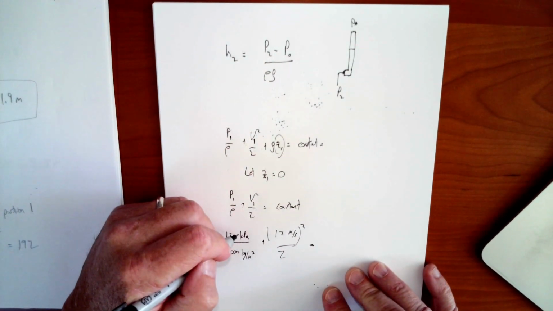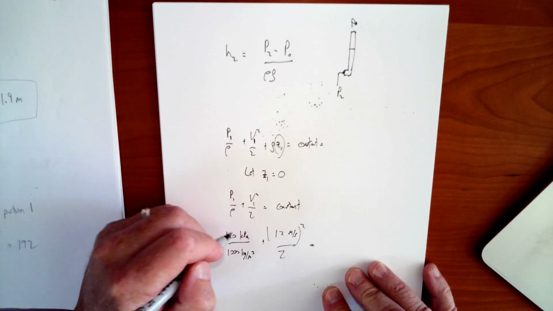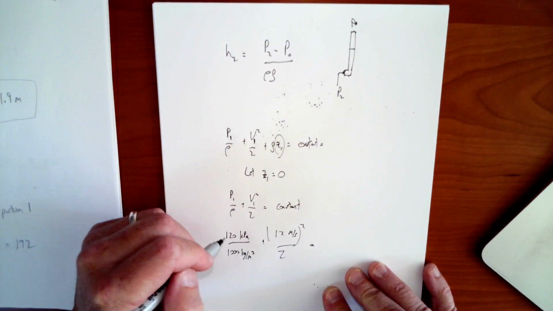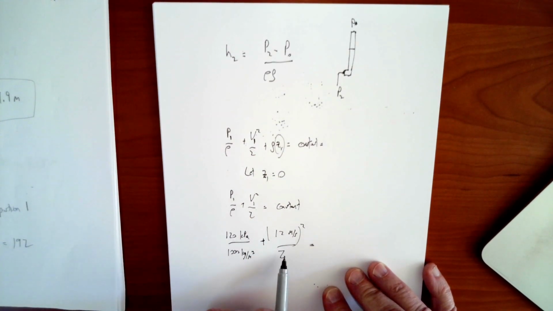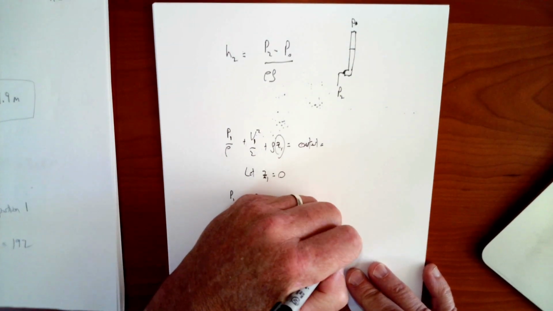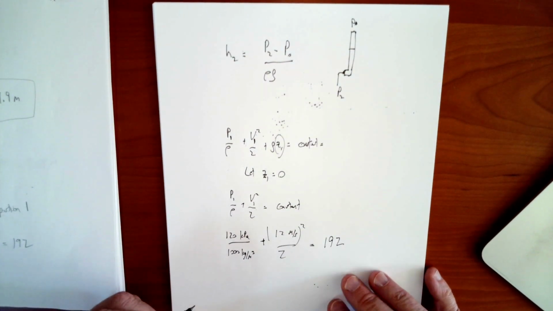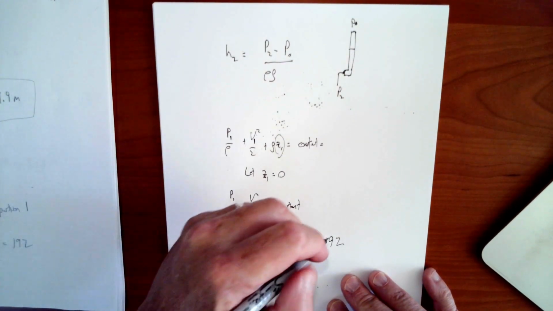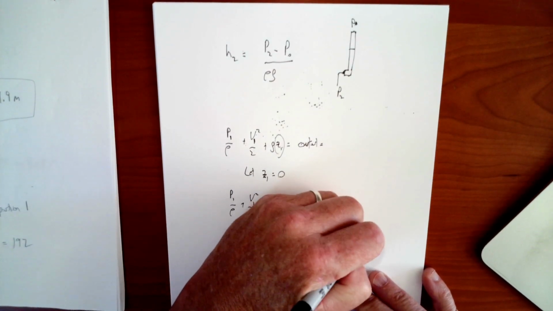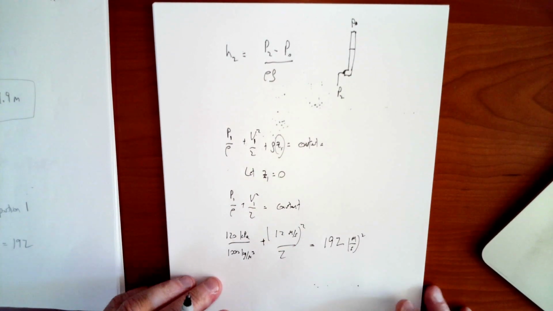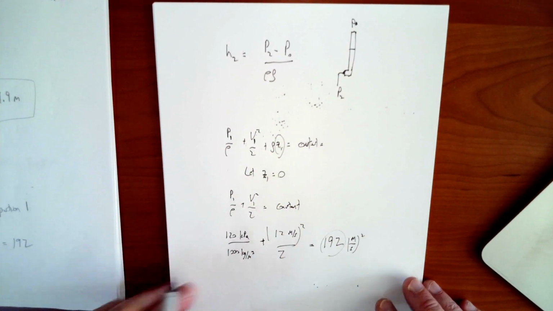It should just be regular Pa. So it's going to be 120,000 divided by 1,000, so 120 on this term, plus this 144 divided by 2. So that's just 192. I guess the units for that are meters squared per second squared, since that's what the units of this thing are. So that's my constant, 192.